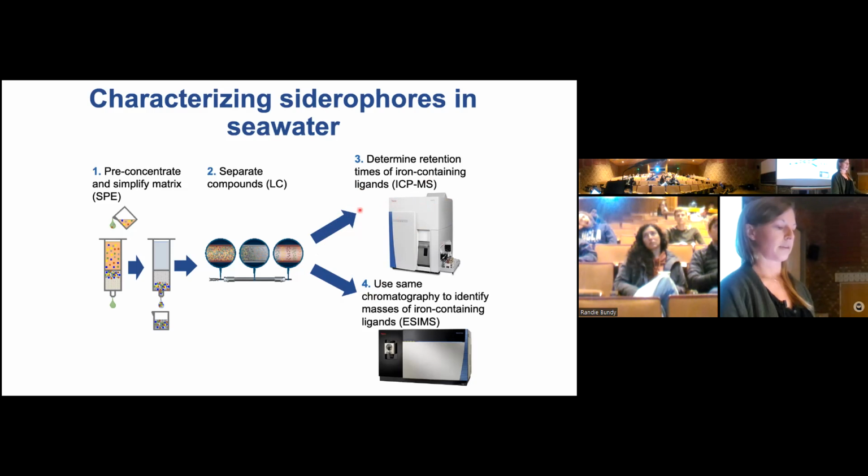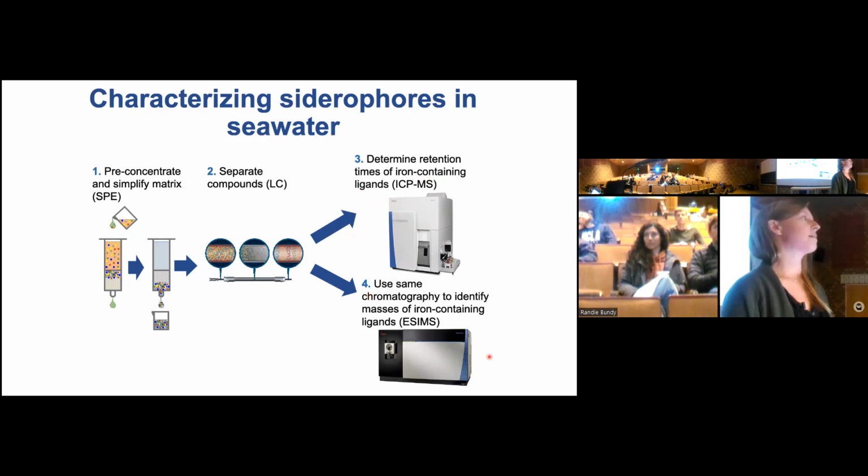So we connect our liquid chromatography setup to the ICP-MS, and this allows us to get retention times of different metal-containing compounds. And then we do the same exact chromatography again, but this time connected to an electrospray ionization mass spectrometer. This is a softer ionization technique, and from here we can get the mass to charge ratios of the different compounds.